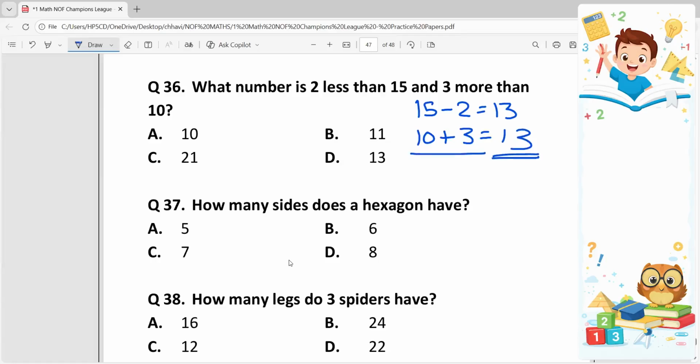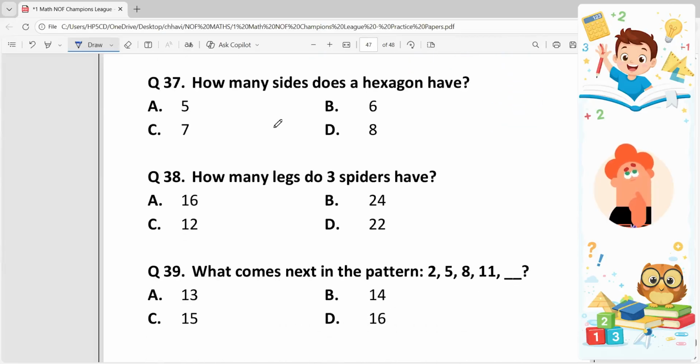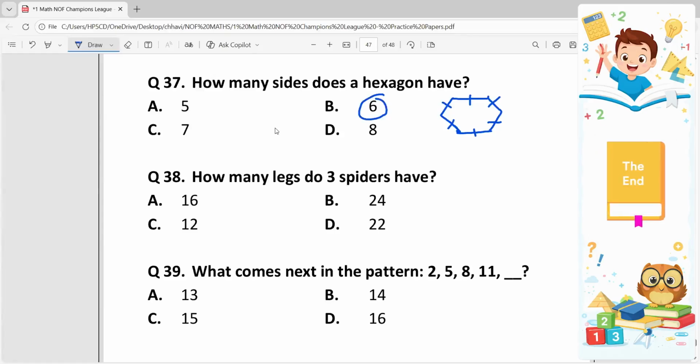So the correct answer is option D, 13. 37. How many sides does a hexagon have? Now a hexagon looks like this. It is 1, 2, 3, 4, 5, and 6. So 6 is the correct answer, option B.